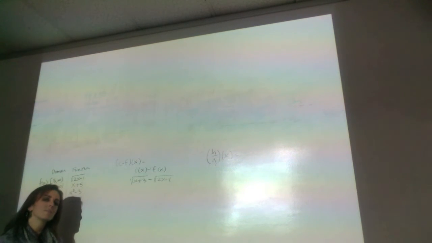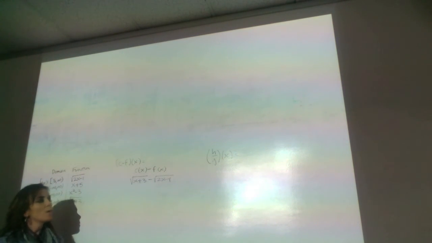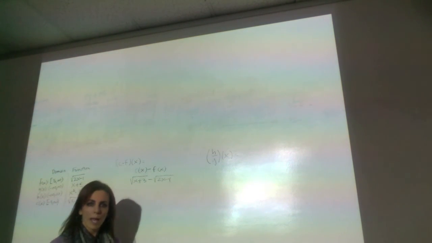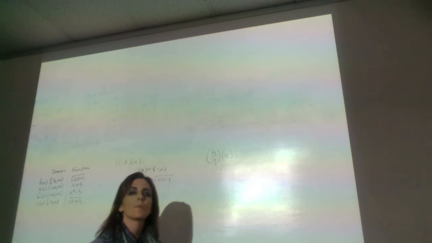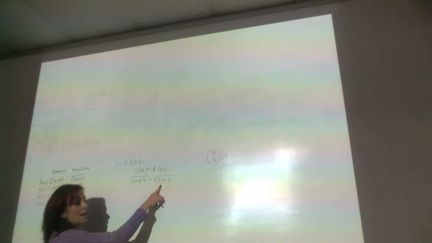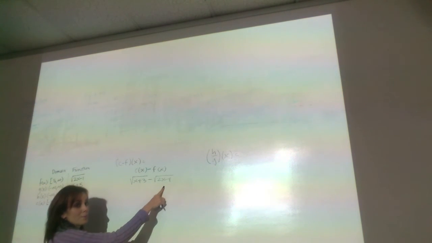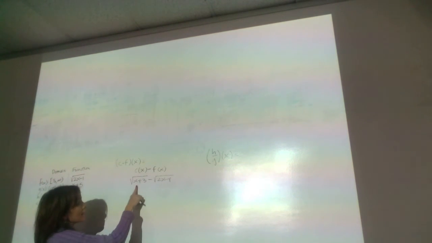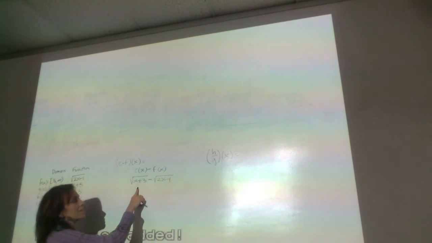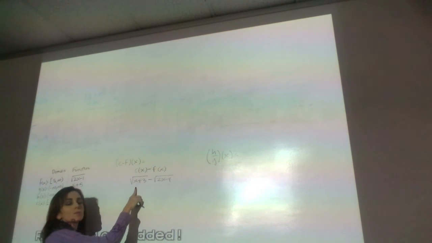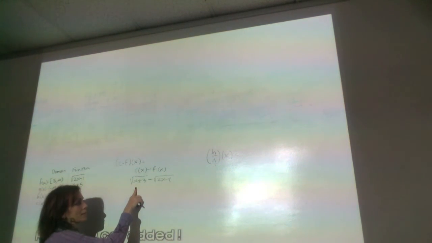Okay, so I'm going to take those two things and subtract them. Oh, but remember what I said before, you can only add radicals if they have the same radicand, and notice these do not. So this is as much as this expression can be simplified. So we can say that c minus f of x is this expression, the square root of x plus 3 minus the square root of 2x minus 1.